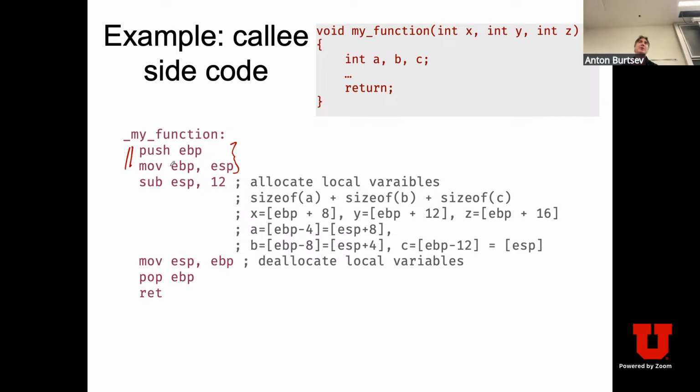So for example, if I ask you a question, imagine on x86 you have a WC, word count program, and I'll ask you what is the first instruction which executes inside this program? So what will be the answer?